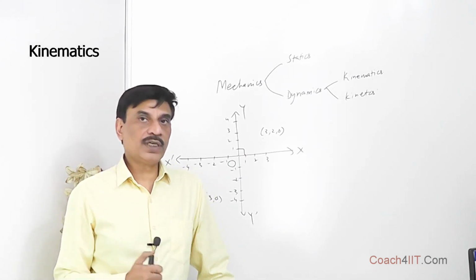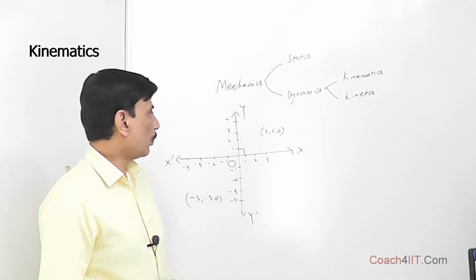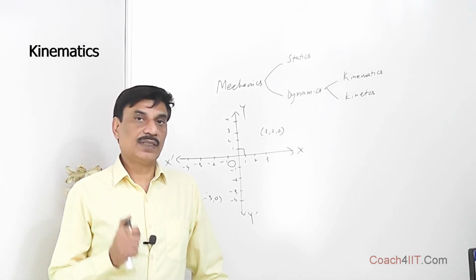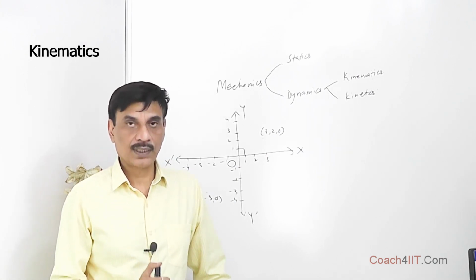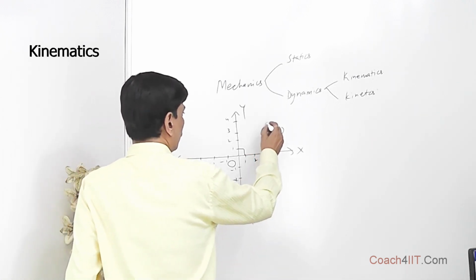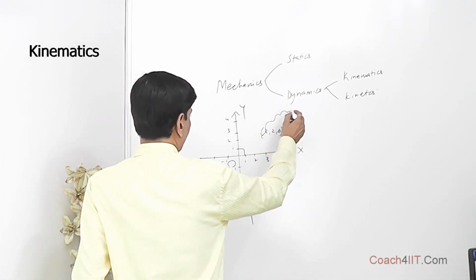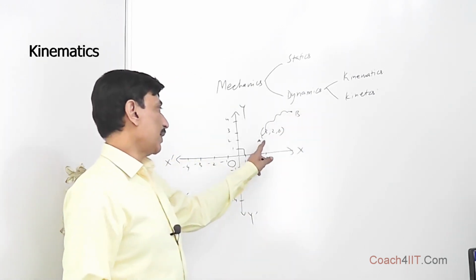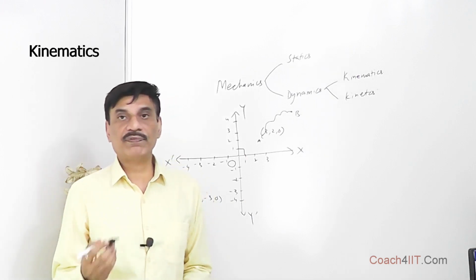Now when we say the motion has taken place, it means with time the coordinates of any point of any body should change. Like if there is a particle which was initially over here and then it moves, or an insect over here which crawls to this point, from A to B it has gone. If it has crawled from here to here, then how do we define motion?